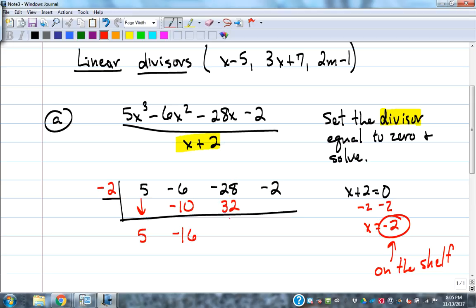Negative 28 plus 32, 4. Multiply. 4 times negative 2, negative 8. Negative 2 plus negative 8, negative 10. This last number here, that right there, is your remainder.